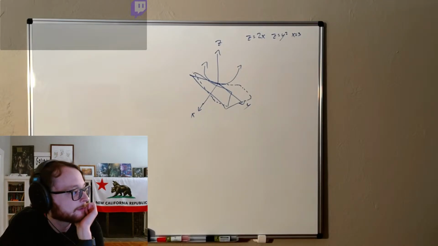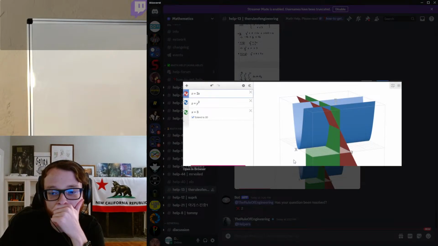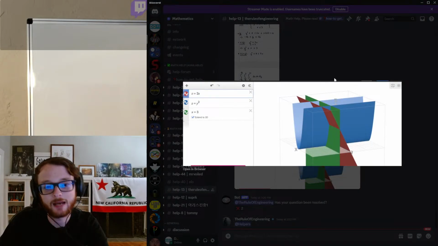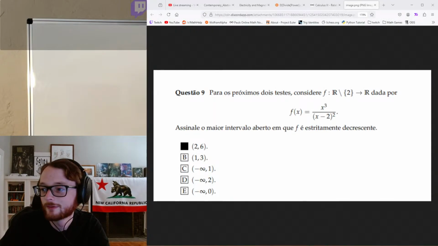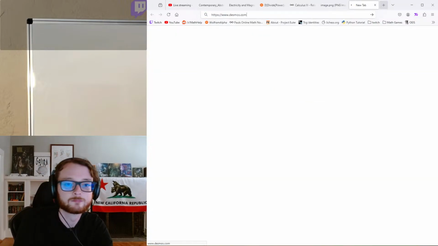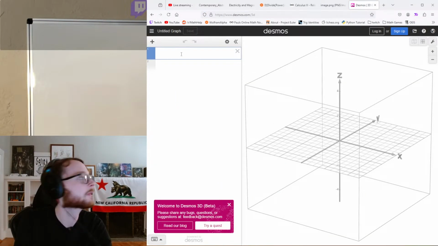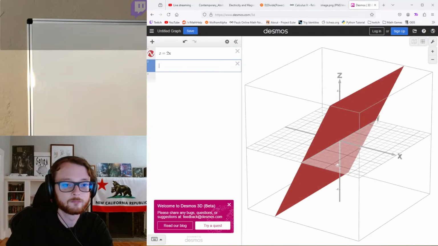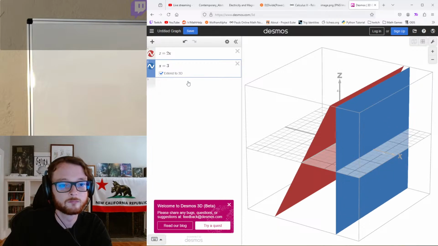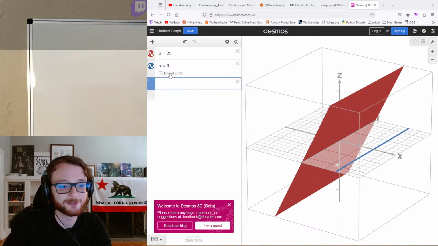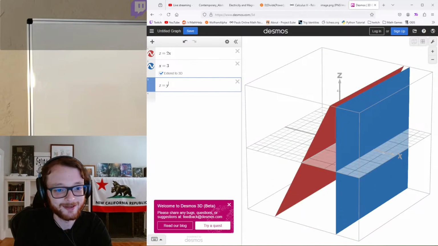So let's look at the graph that they posted. I want to make my own so I can rotate it around. I love that animation, by the way. z equals y squared.